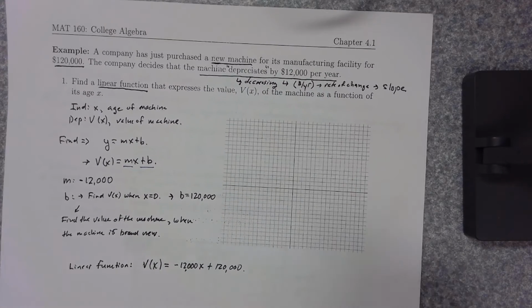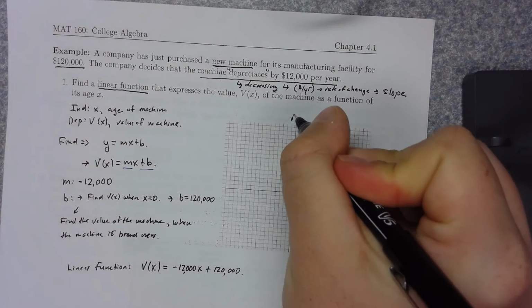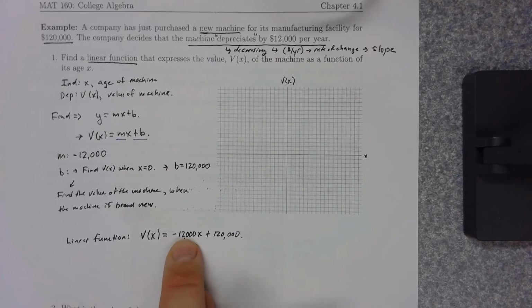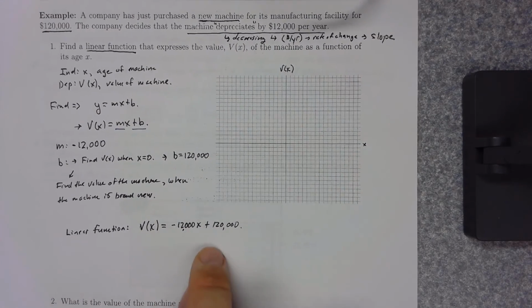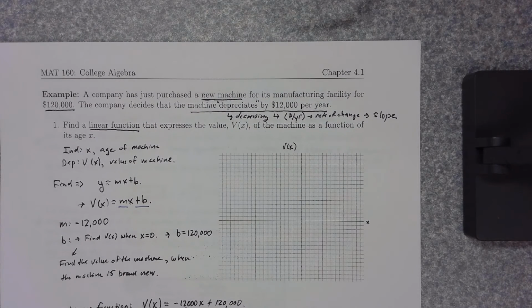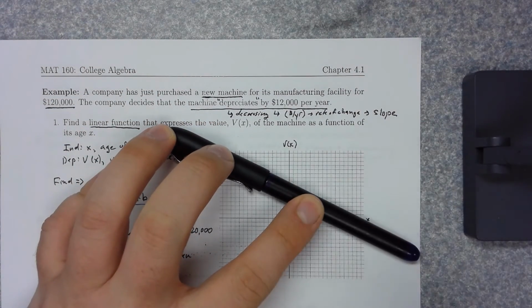So, if I wanted to graph this on a coordinate system, obviously this is a decreasing line because I have a negative slope. I don't have my ruler with me, so let me just improvise.